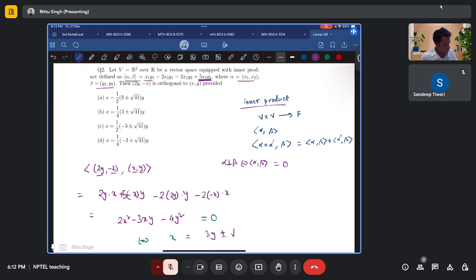So 3y plus or minus root of b square, which is 9y square, minus 4ac, which is 32y square, by 2a, which is 4. And this is the same as 3 plus or minus root 41 y by 4. So option C is the correct answer. Sorry, option B. Option B. Yes. Okay.